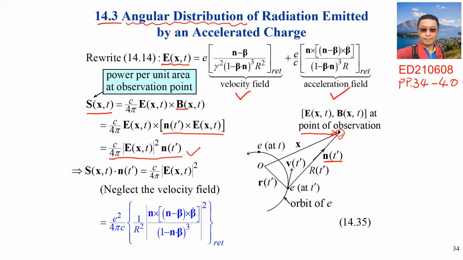The signal will travel, so the time will be R over C. During this time, the particle moves from here to here. This is at time t. The observer is here.